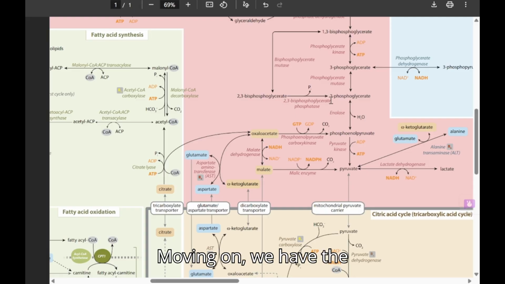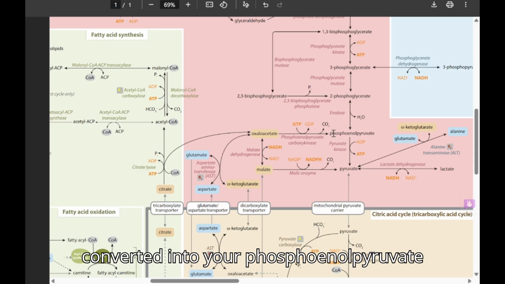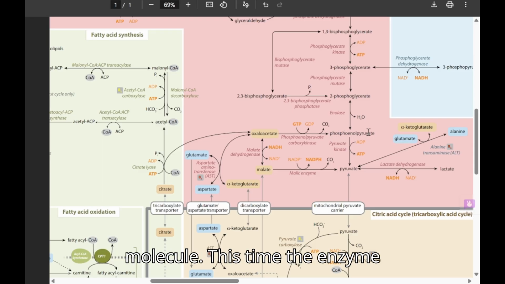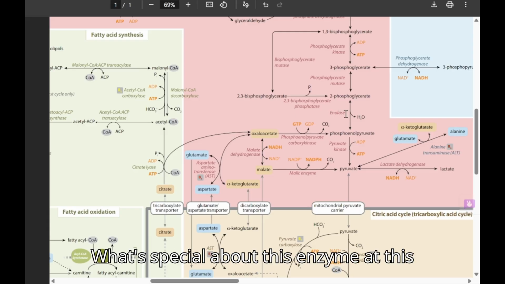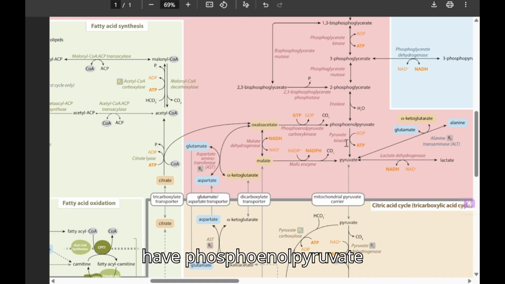Moving on, we have the 2-phosphoglycerate that can now be converted into a phosphoenolpyruvate molecule. This time, the enzyme involved is enolase. What's special about this enzyme and this step is that a water molecule is released. And again, it is reversible. Now we have phosphoenolpyruvate.